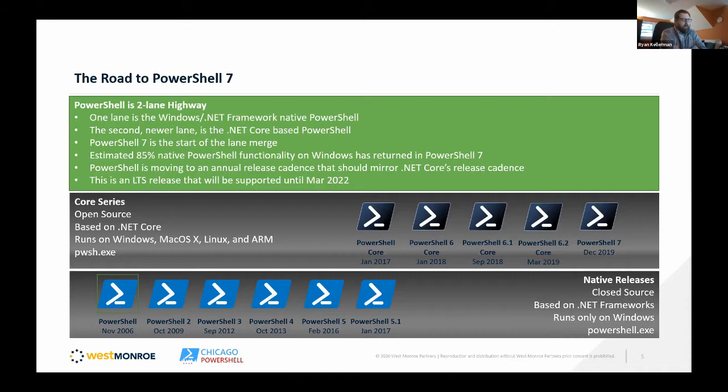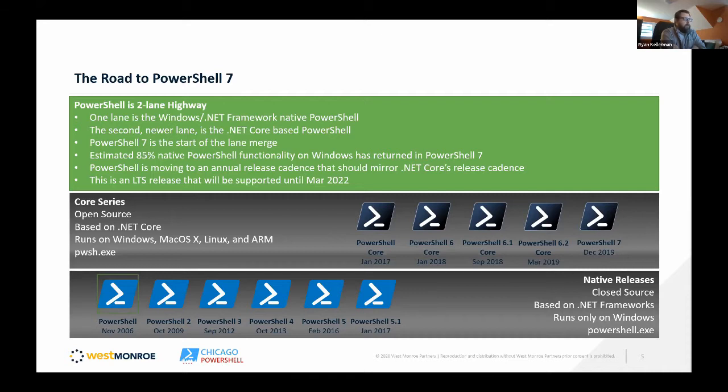PowerShell native was kind of closed source and was stuck in the Windows world. The PowerShell Core side of things, you can have it running on macOS, Linux, ARM systems, all sorts of fancy pants things. One of the issues with running PowerShell 6 Core, 6.2 and older, was that there were compatibility problems between running PowerShell scripts and code that you ran for the native PowerShell versus the Core series.